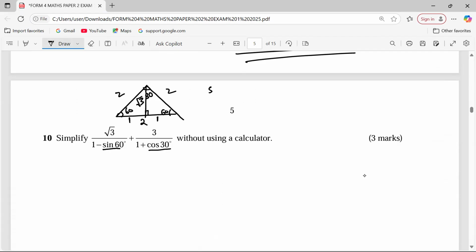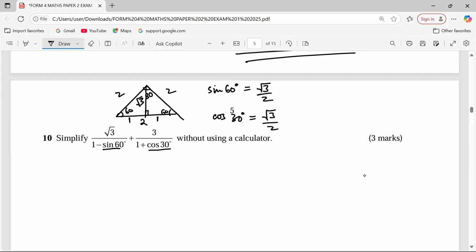So the sine of 60 equals opposite length divided by hypotenuse. The same means that the cosine of 30 shall be adjacent, root 3 over hypotenuse. So that's why I was saying sine 60 equals the cosine of 30.